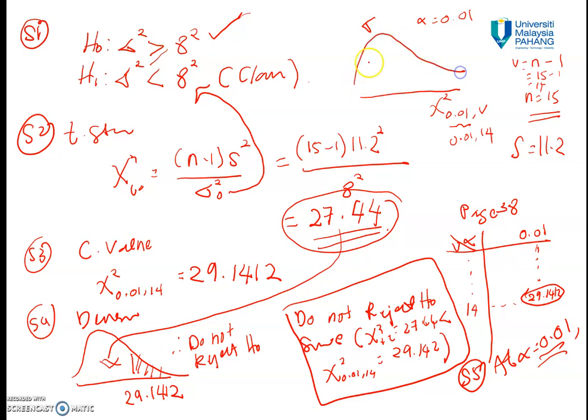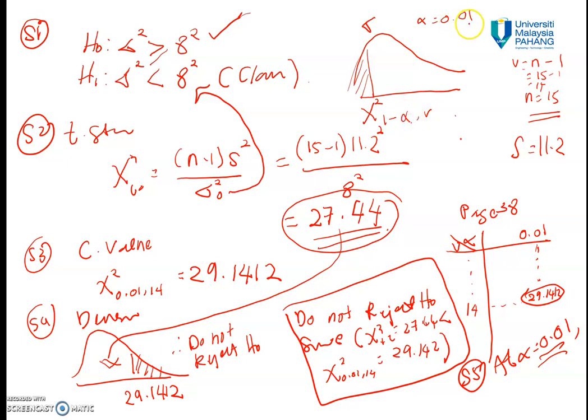So your area will be at the left side, isn't it? Instead of the right side here, your area will be at this left side. So at this left side, it will be 1 minus alpha, and in this case alpha only, because you have one tail, isn't it?